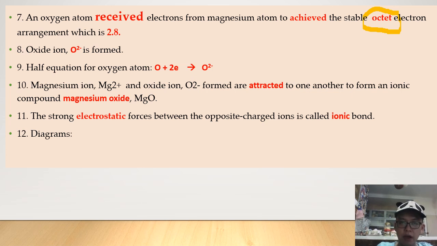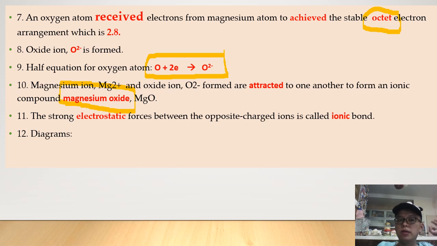The half equation you have to know how to write, because you receive 2 electrons, then you become O2 negative charge. So to summarize, magnesium ions 2 plus and oxide 2 negative ions are attracted to one another to form an ionic compound we call magnesium oxide.